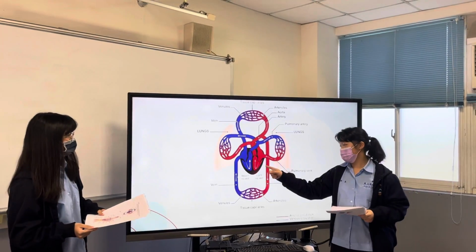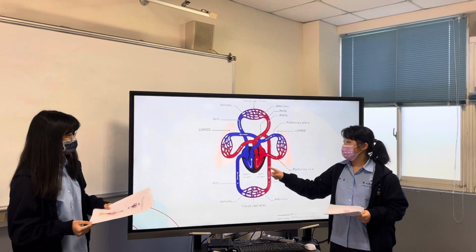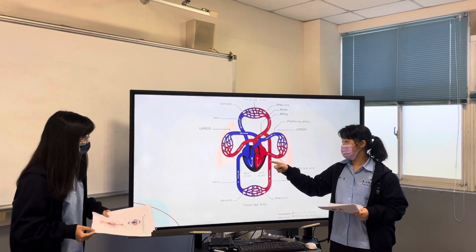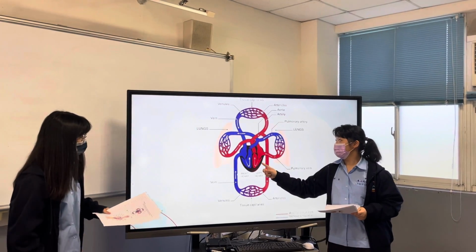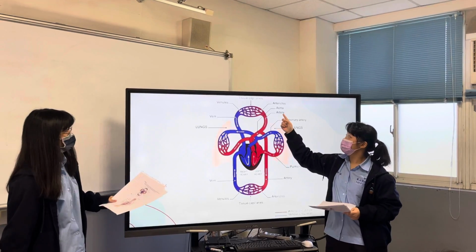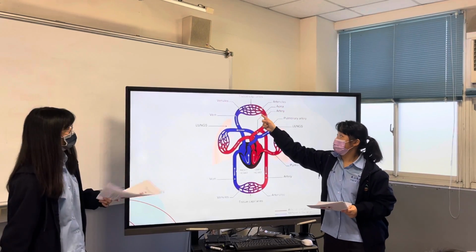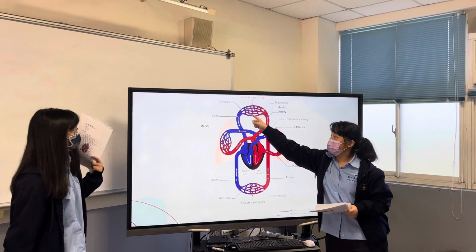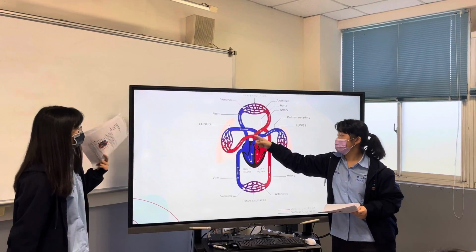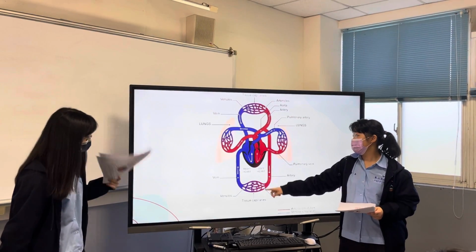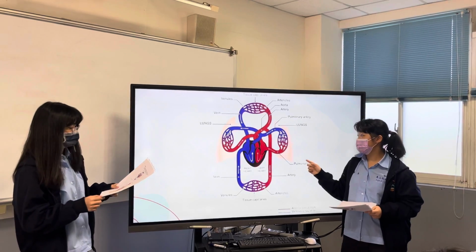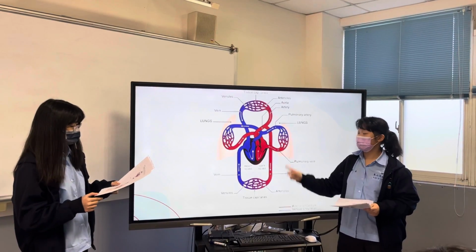I will start it here. The left heart with oxygen-rich blood will go through arterioles, then capillaries, back to the venules, veins, and to the right heart, then into the lungs, go back to the left heart and go again.